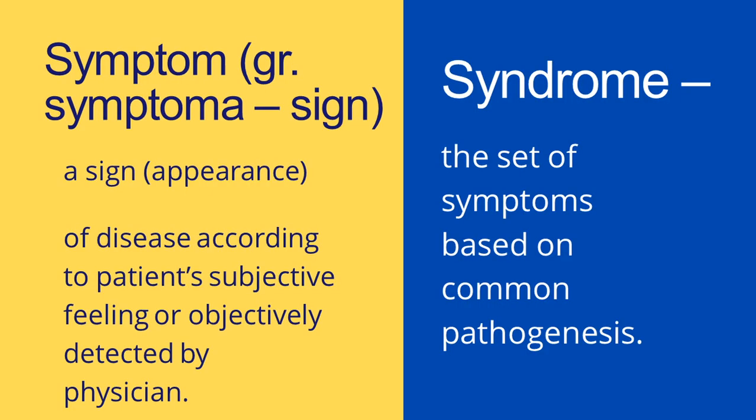There are two concepts: symptom and syndrome. A very important concept is symptom. A symptom is a sign of disease or an appearance of disease. There are two types of symptom: subjective symptom and objective symptom. An objective symptom is detected by the physician. A subjective symptom, for example, is headache or chest pain.